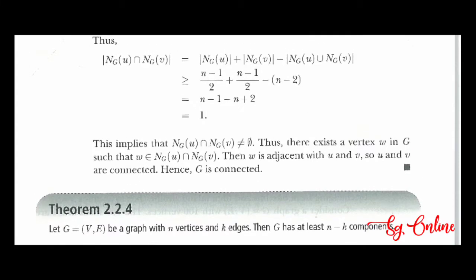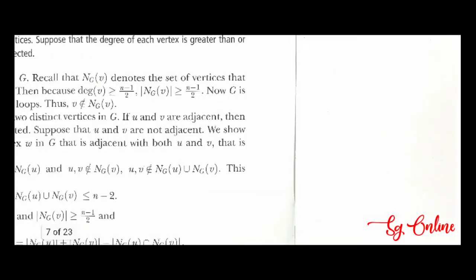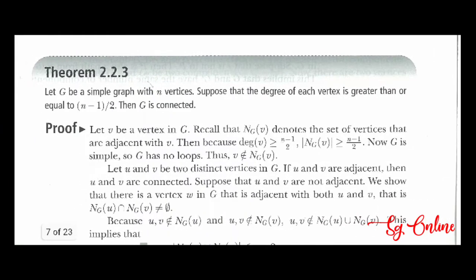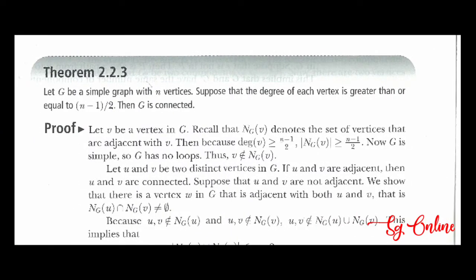So you see that this result says that in a simple graph of n vertices, even if the degree is not greater than or equal to n by 2, if it is greater than or equal to (n minus 1) by 2, then also the graph becomes connected. And we proved it in this way, just by considering the neighborhood sets.